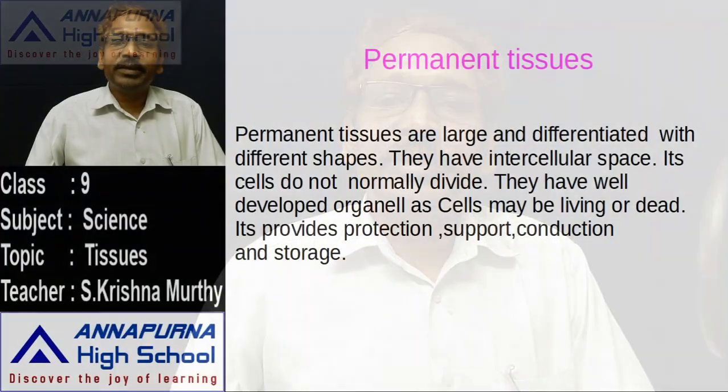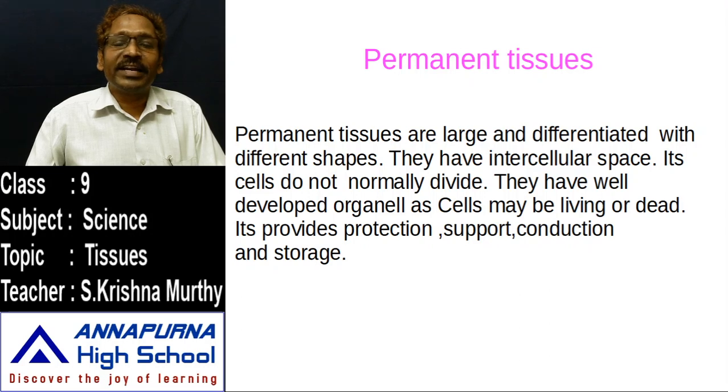In the earlier class we learned about two different kinds of plant tissues. What are the two different kinds of plant tissues? One is permanent tissue and another one is meristematic tissue. Where is the meristematic tissue? The meristematic tissues are located in different regions: apical meristematic tissue, lateral meristematic tissue, intercalary meristematic tissue.